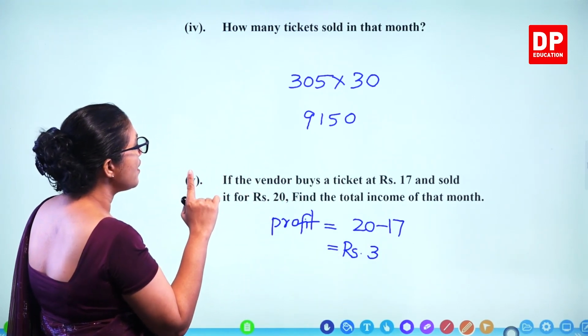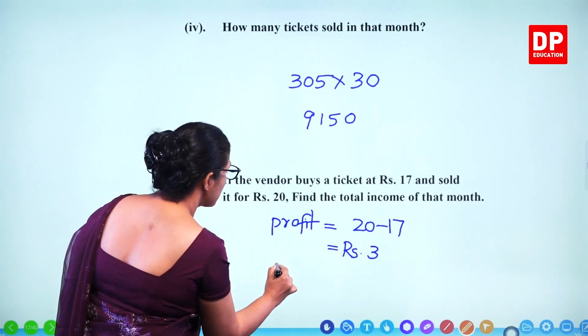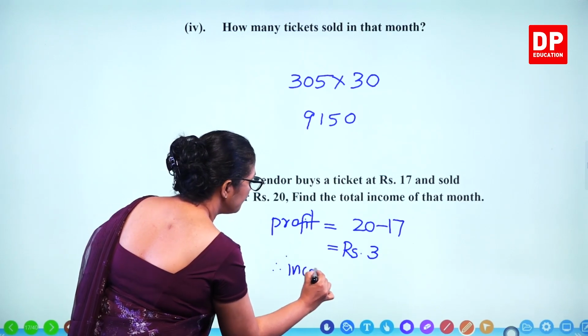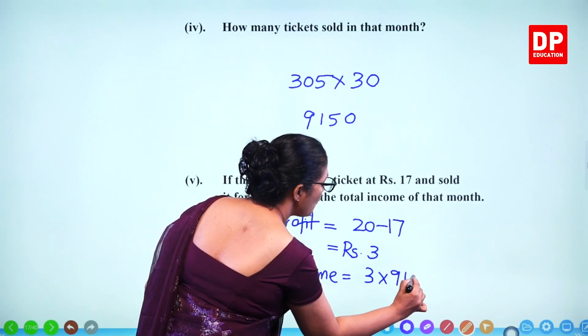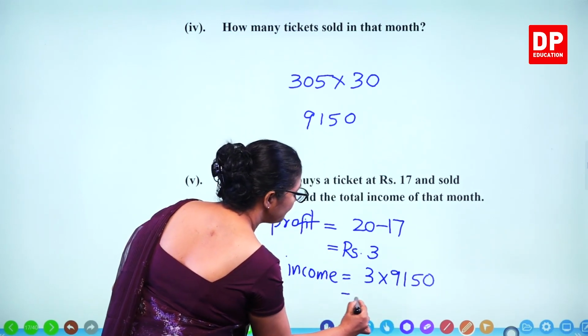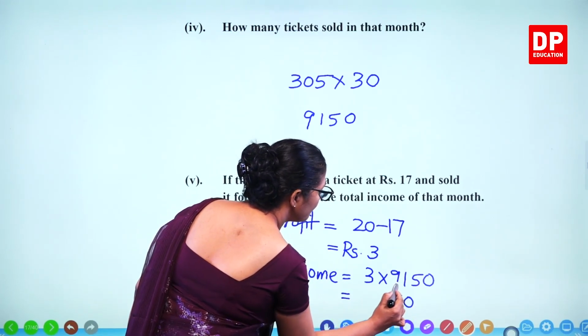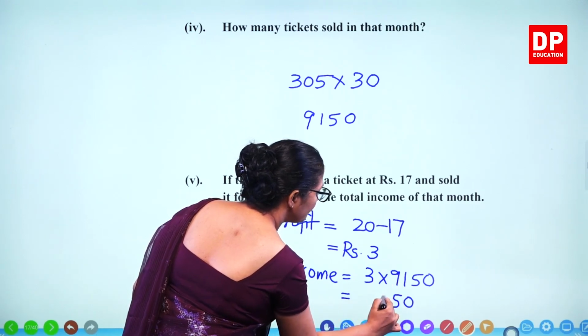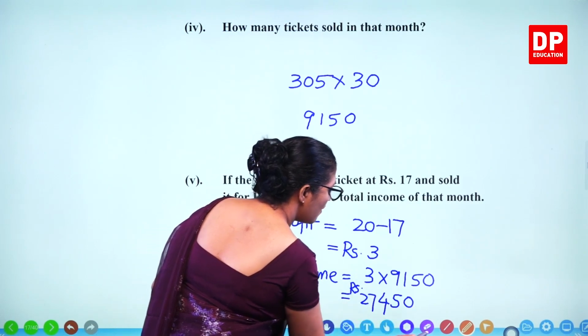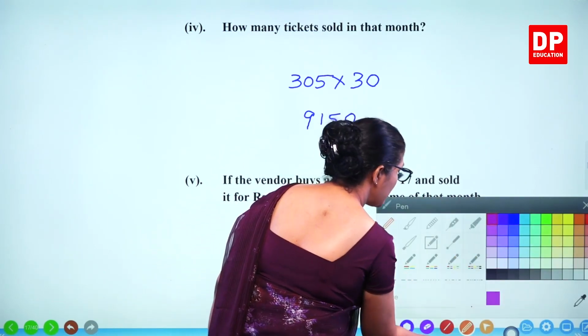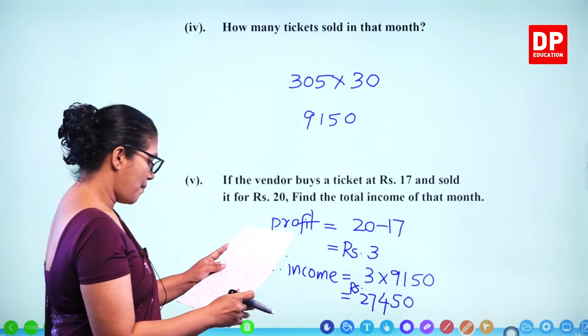Altogether 9,150. So what's the income? 3 into 9,150. ₹27,450 is the income of that month.